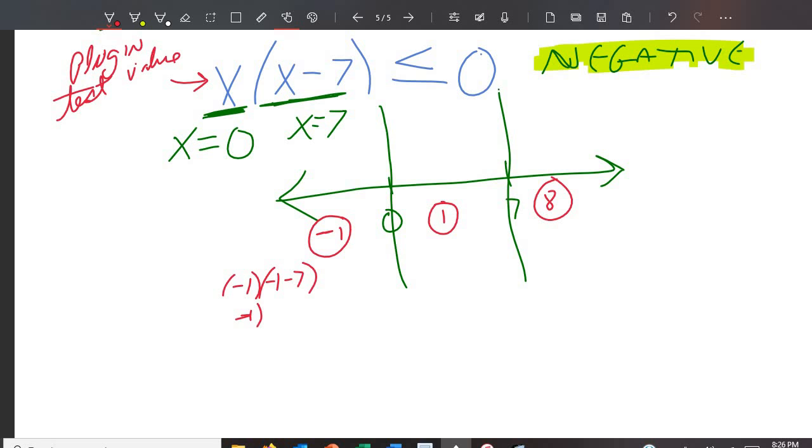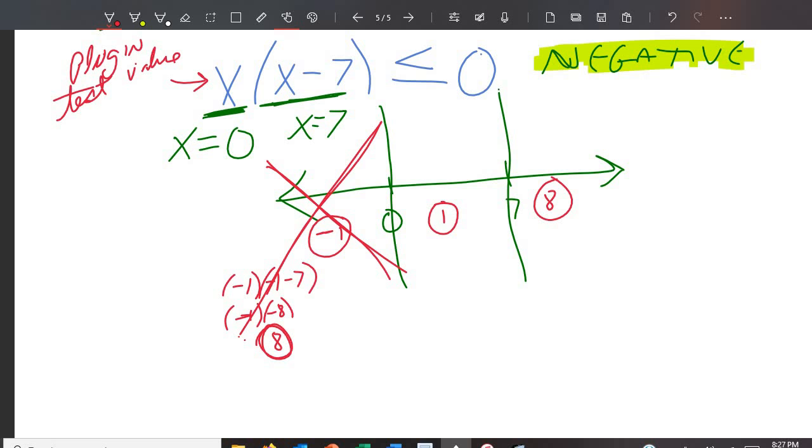It's going to give me negative 1 times negative 8. Negative 8 times negative 1 is positive 8. Well, we need it to be negative. This is a positive number. So that tells me that this will not work.